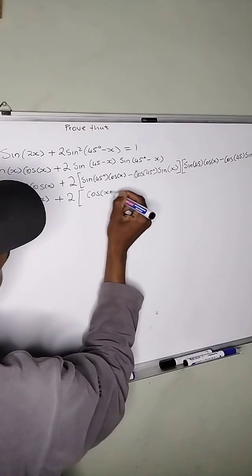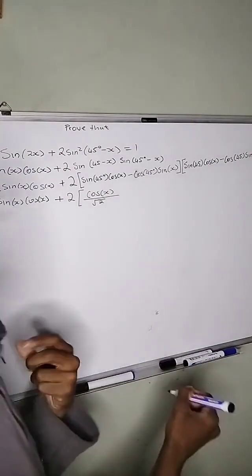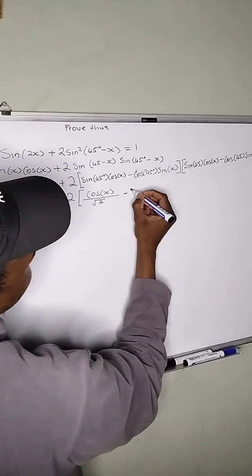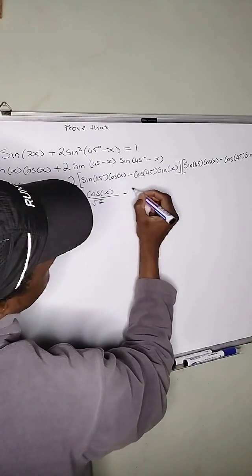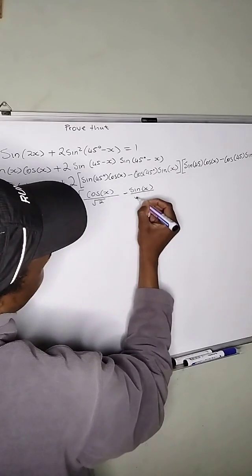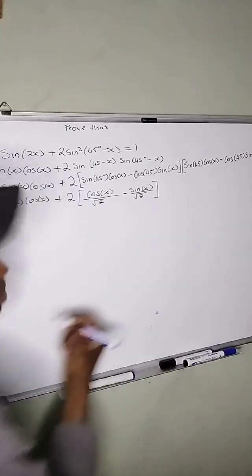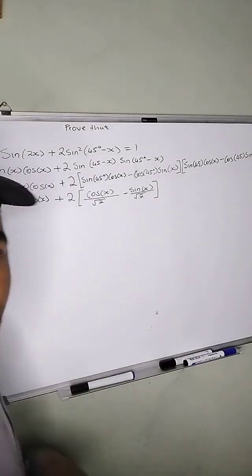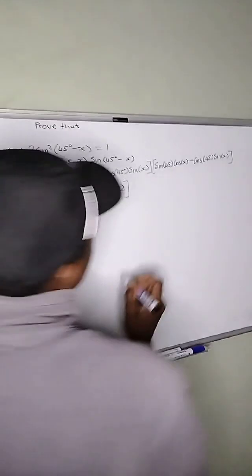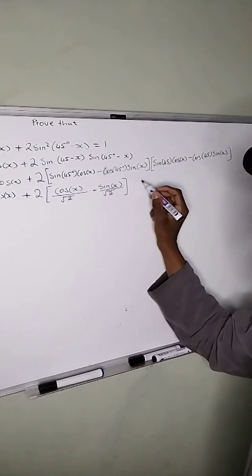Cos x over root 2 for the sake of the space, minus sine x over root 2. Ne? Sine x over root 2. Then what else? Let's shift the camera. I'm going to have the same thing. Ne?